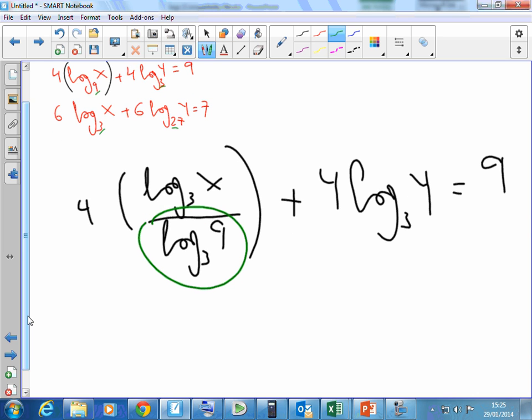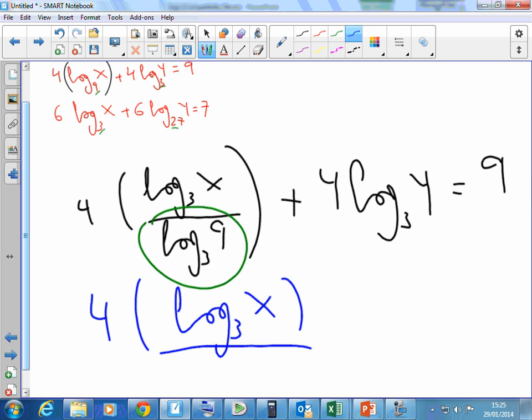So, in other words, it's 4 bracket log to the base 3 of x all over 2. Okay? And we should know by now from the fundamental definition of a log what log to the base 3 of 9 is. Okay? Plus 4 log to the base 3 of y is equal to 9.